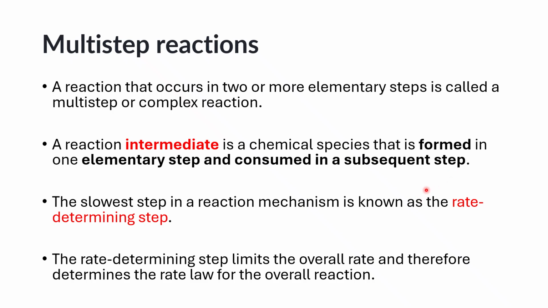The overall rate is gated by the rate determining step. The slowest step in the reaction mechanism is known as the rate determining step, and it limits the overall rate and therefore determines the rate law for the overall reaction.